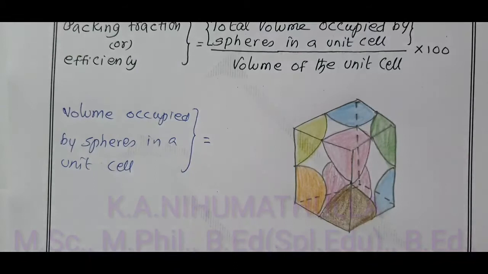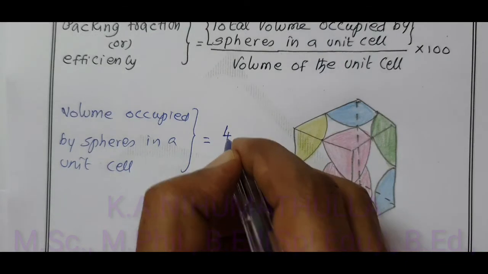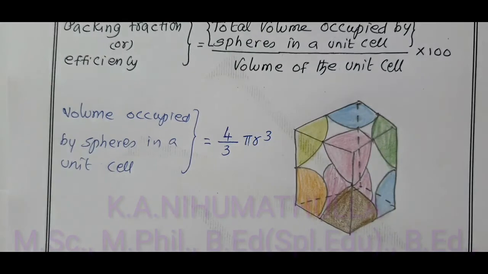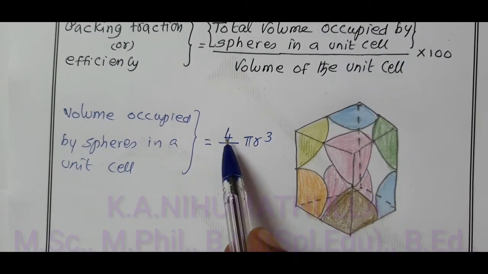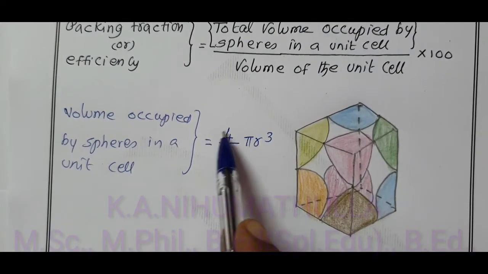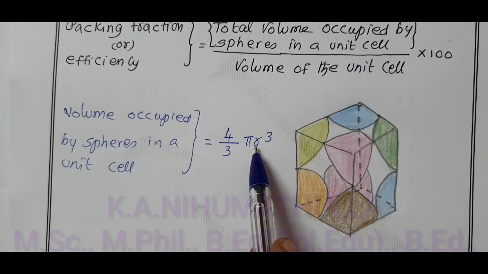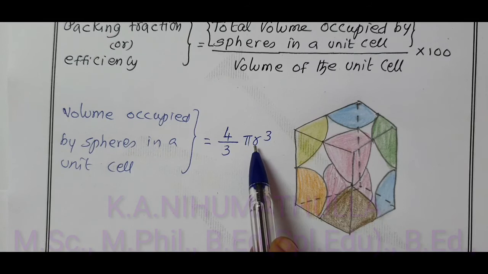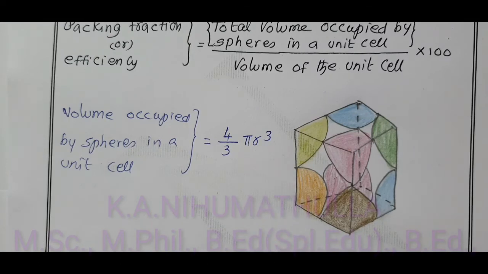You know the formula from your lower standards, used to calculate volume: 4 by 3 pi r cube. So in this volume formula, we have to find the radius value from this simple cubic unit cell.